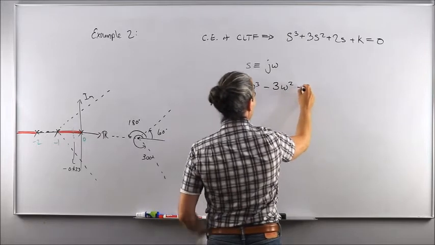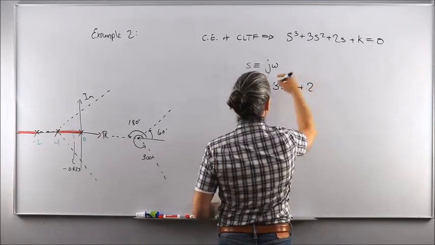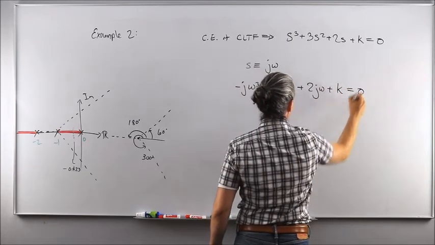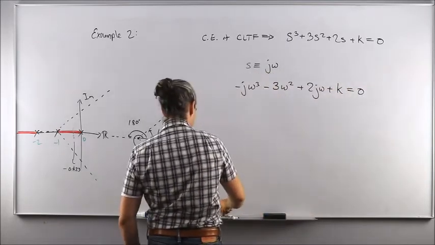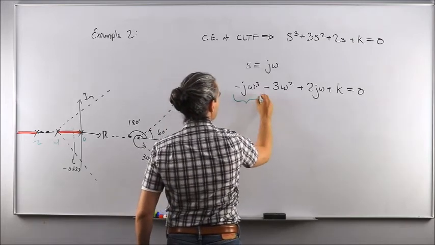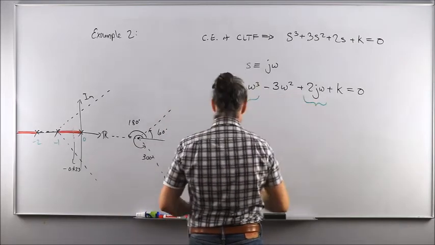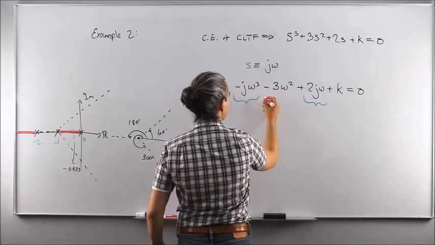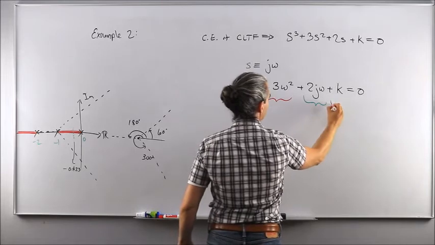Here we're going to get plus 2 j omega plus k equal to 0. And now you have imaginary terms and real terms in that equation.